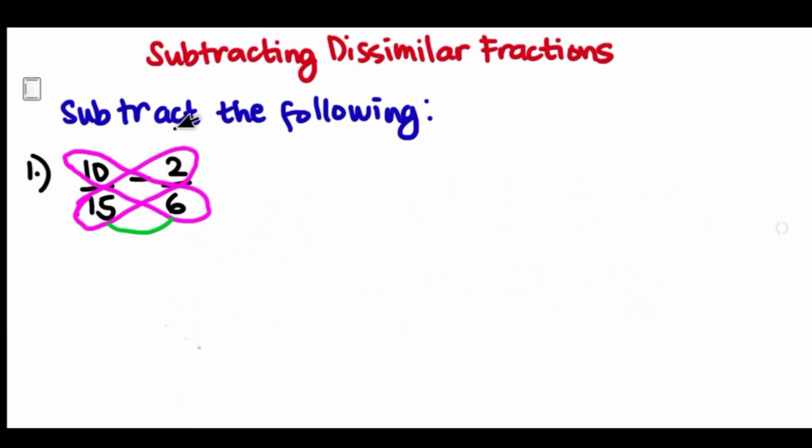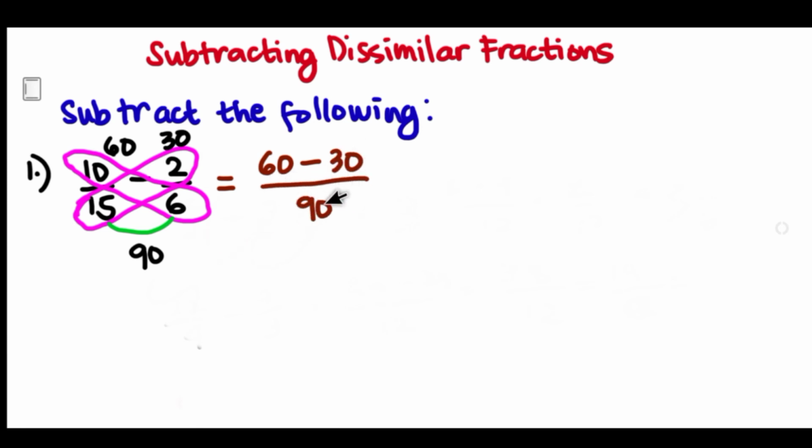So, 15 times 2 is 30. And then, 10 times 6 is 60. And then, 15 times 6 is 90. So, dito na po tayo. So, copyahin natin. So, 60 minus, yung isang kabilang sagot is 30 over yung denominator na 90.